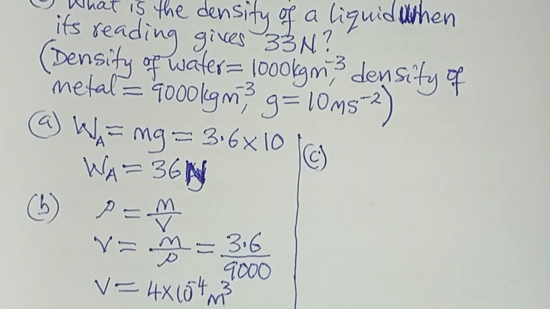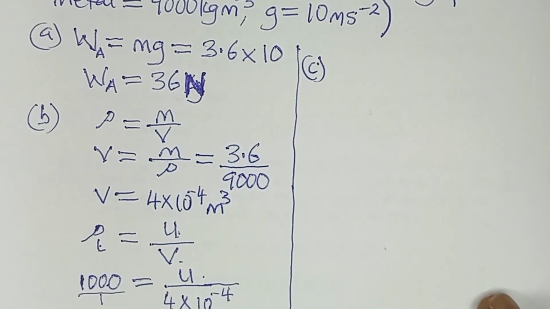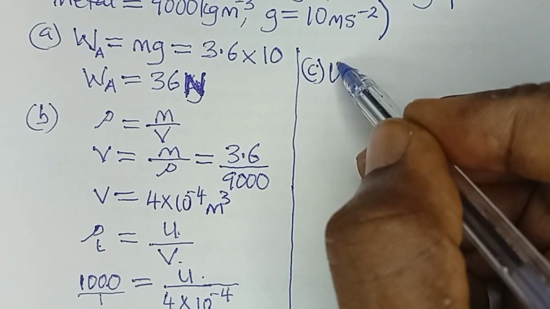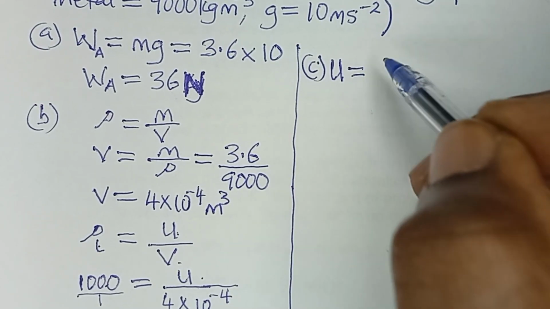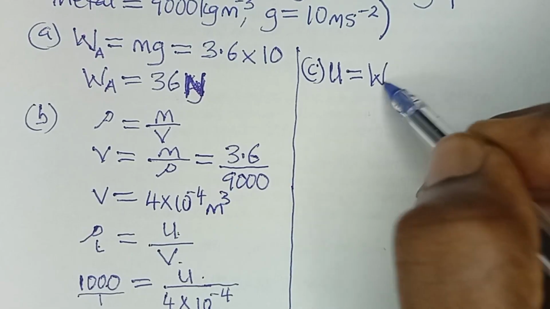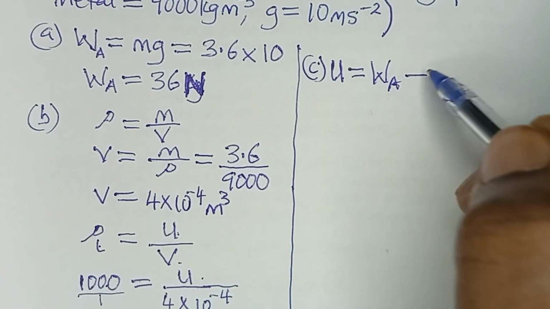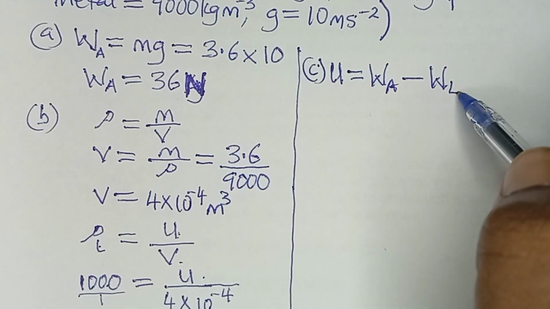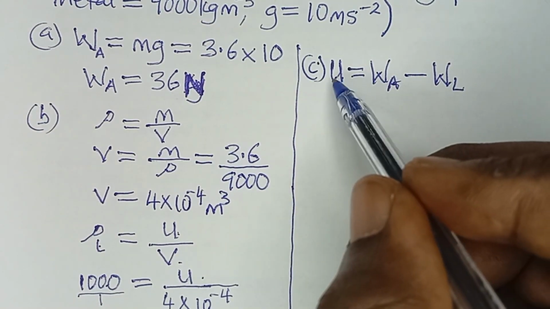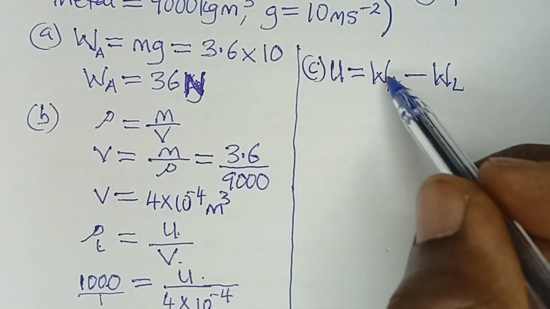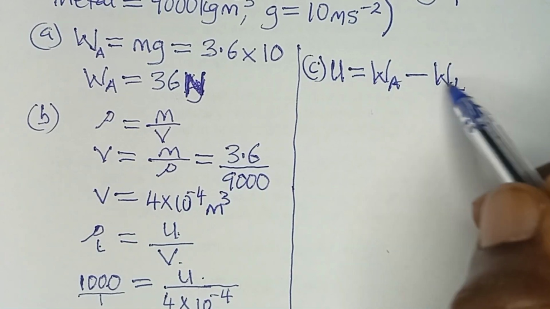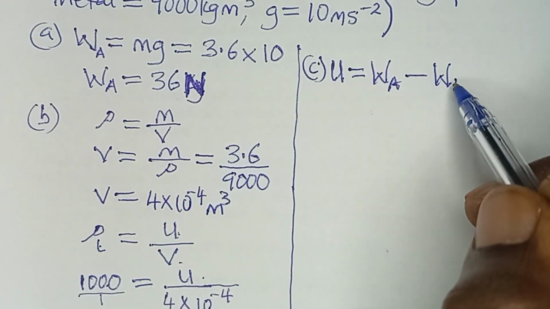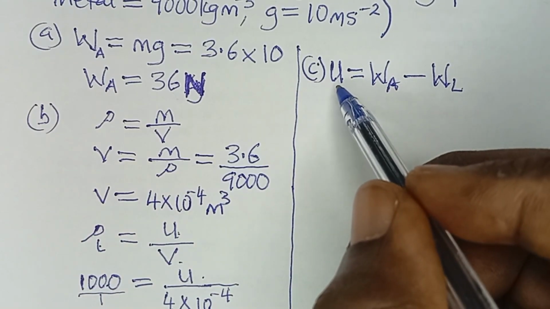For us to do that, first of all, we have to calculate the upthrust. So the upthrust it experienced in that liquid is equal to, don't forget the formula, upthrust is weight in air minus the weight in the liquid, which is loss in weight. So it weighs a particular value in air. In the liquid, it weighs another value. So the loss in weight, which is weight in air minus weight in liquid, gives us the upthrust.